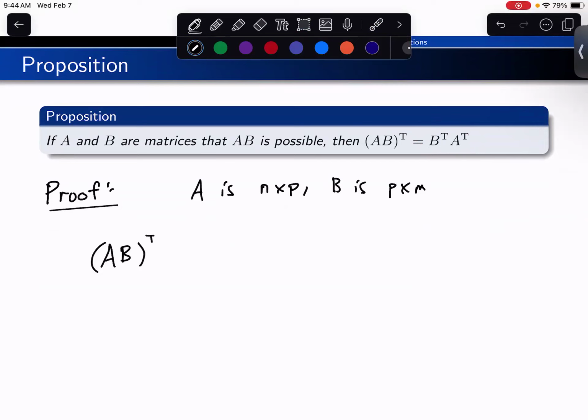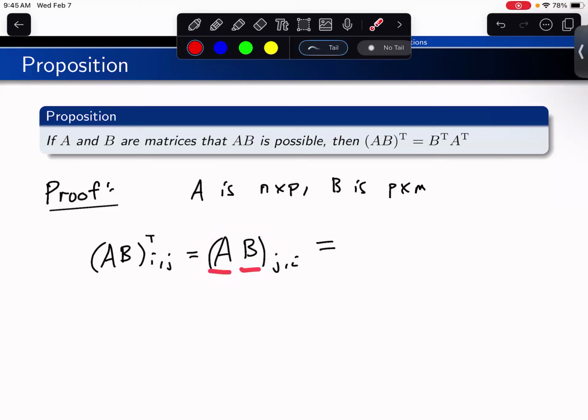So the ijth entry of the transpose of A times B is really going to be equal to the jith entry of A times B. And by definition, matrix multiplication is really just going to be looking at a dot product of rows of A with columns of B. So you can express this as being equal to the following sum.